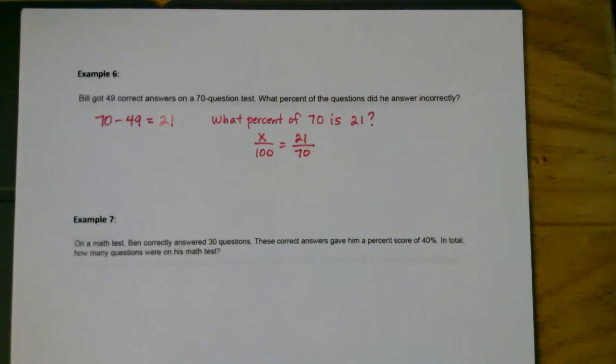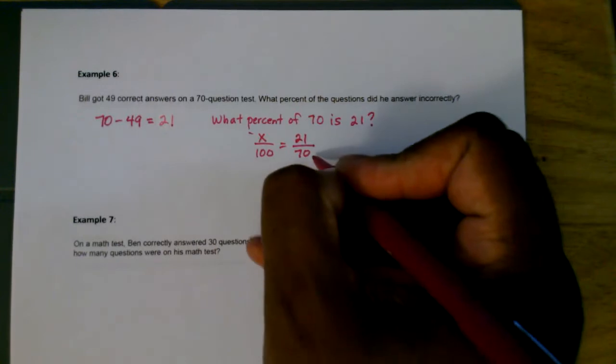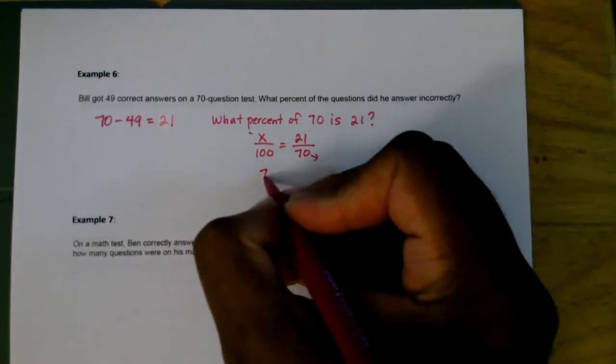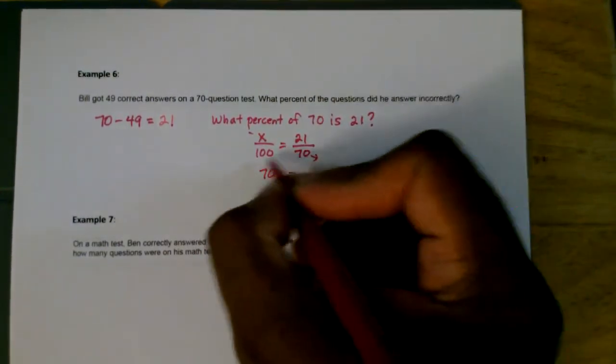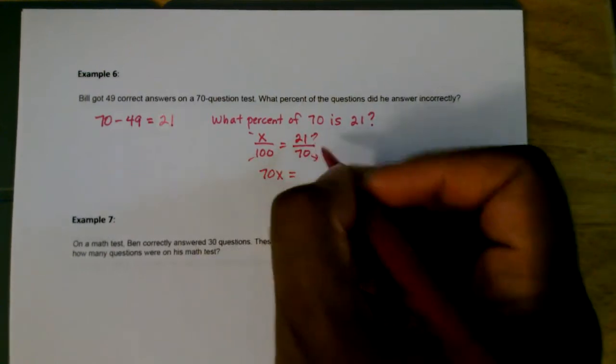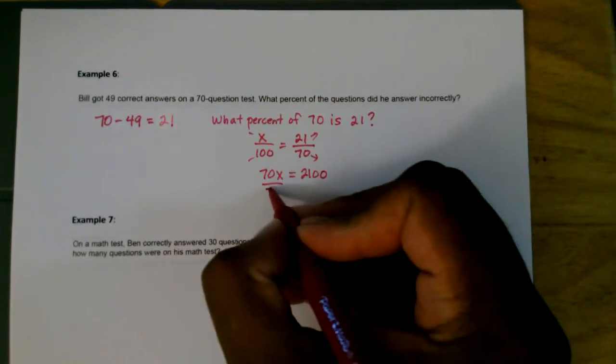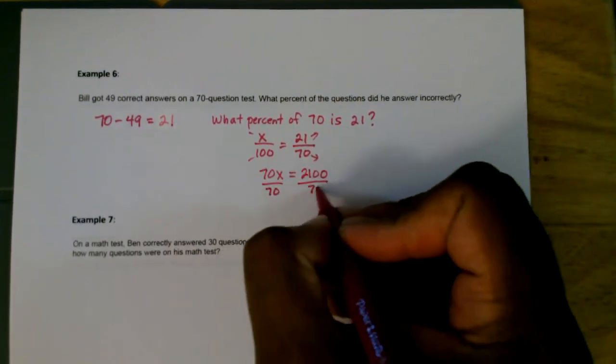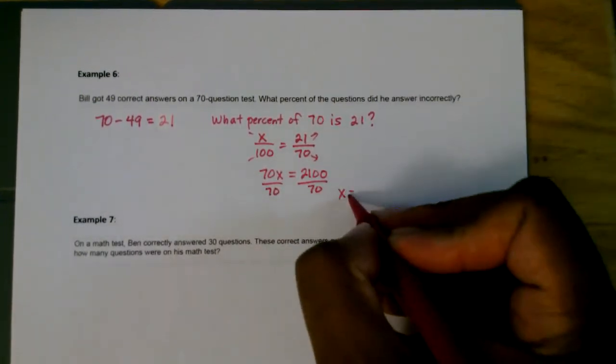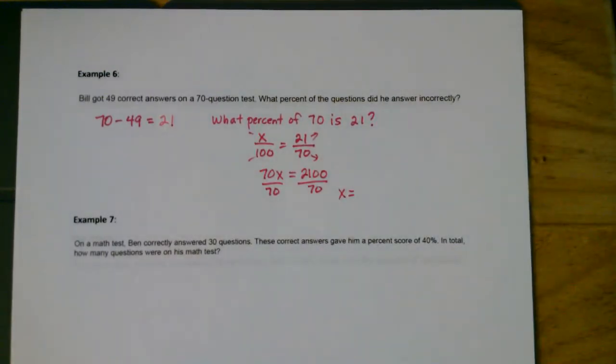And then we can cross multiply. 70 times X is 70X equals 100 times 21, which is 2100. And then to solve for X, we divide both sides by 70. And this will give us X is equal to 2100 divided by 70, which gives us 30.